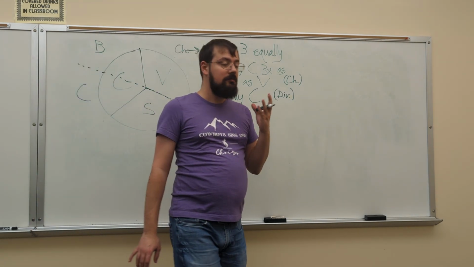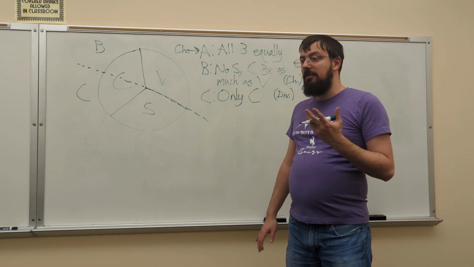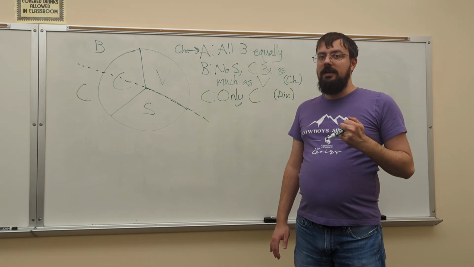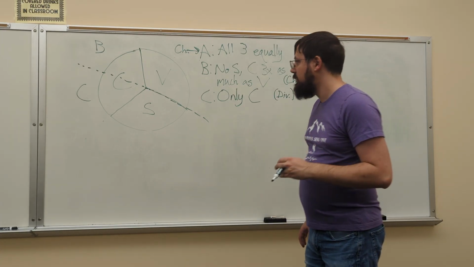So now, the next step is players B and C are each going to take the parts that they got, and they're going to divide it into 3 subshares that are equally valuable to them.